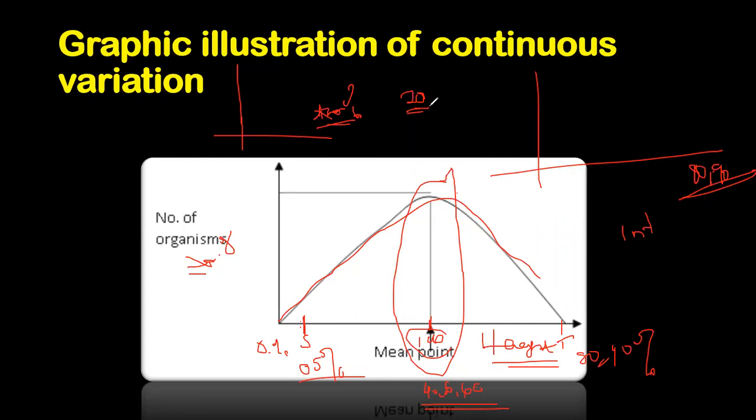In any environment, intelligence is a continuous variation, so it should follow that continuous curve.